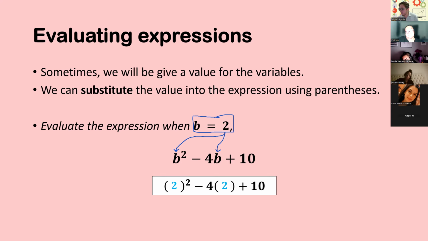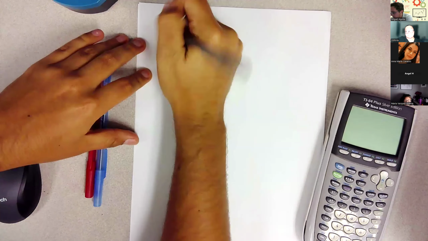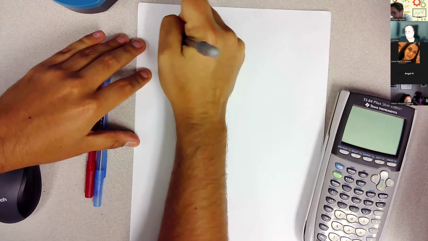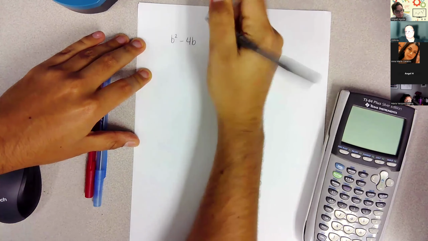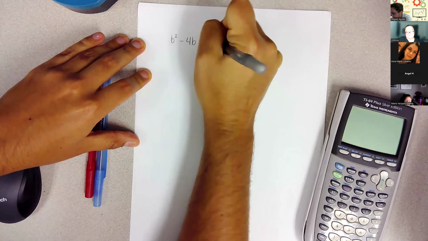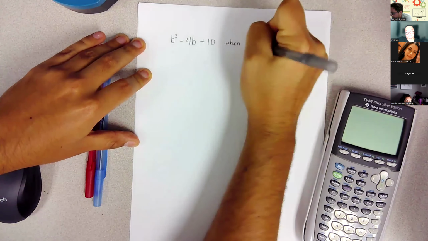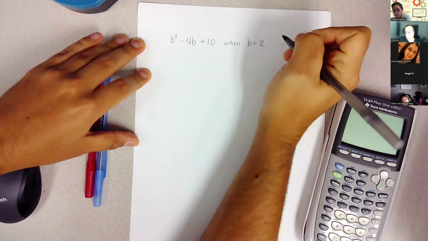Okay. So I am going to switch over to my document camera right now just because I think it's worth seeing this written out. I think sometimes you lose stuff whenever we're looking at just animations on a PowerPoint. So here we are. I said we want to evaluate b squared minus 4b plus 10 when b is equal to 2.